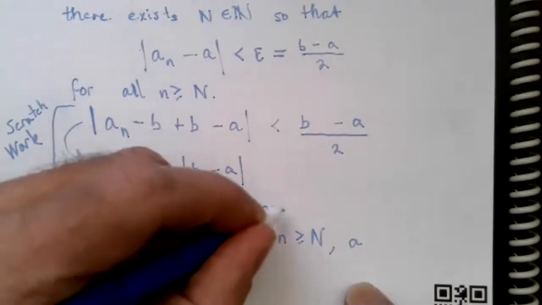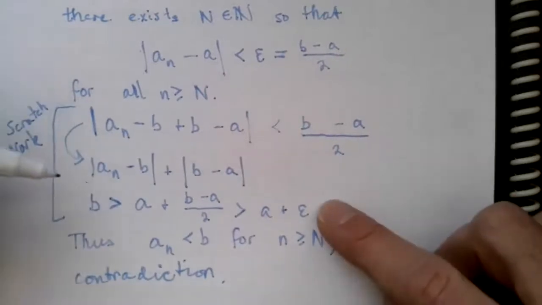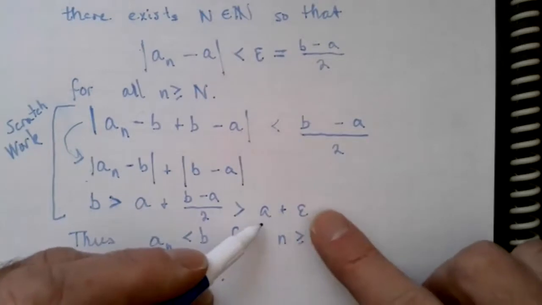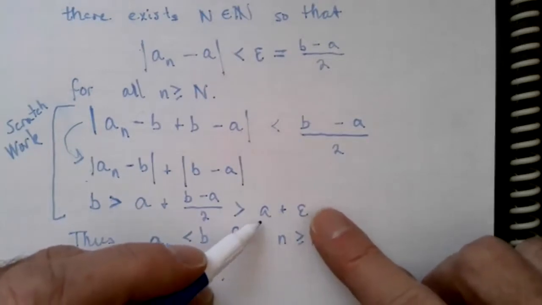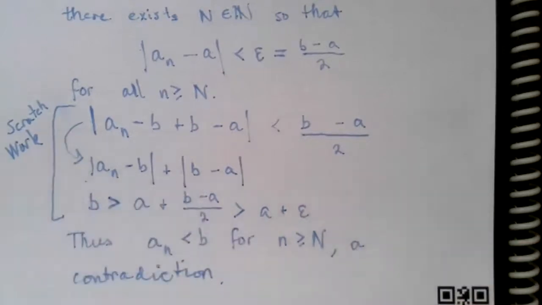Which is greater than A plus epsilon. Maybe we could somehow work the epsilon in here and work some A sub n's in here. Do a couple cases or something like that.